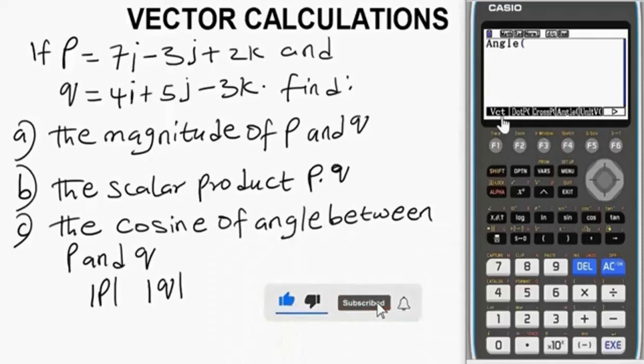So the cosine of the angle between vector P and Q, which is our vector A and B on this calculator, so we press vector alpha A, alright, comma, vector alpha B, and close the brackets. Then press execute.